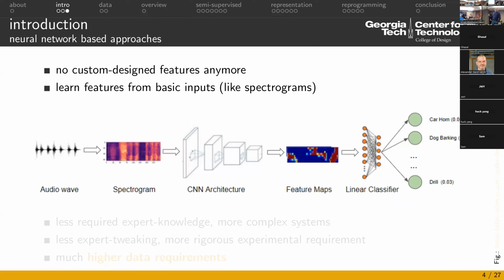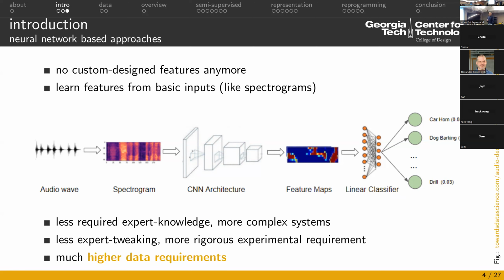And the main difference here, obviously, to the previous approaches is that we do not actually design features. We do not actually put the knowledge or try to convey our knowledge in the feature design, but we try to learn these features automatically from data and then do the subsequent classification.